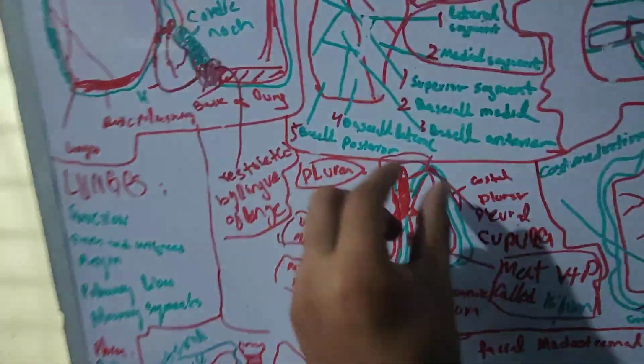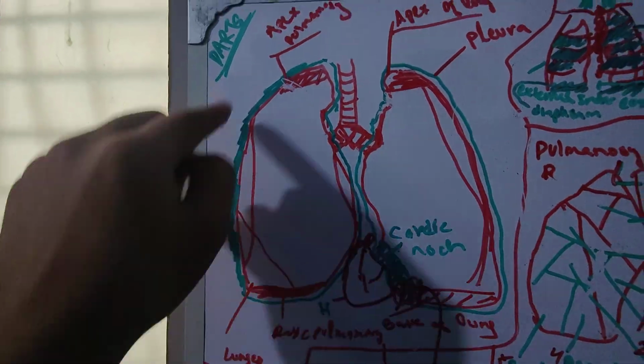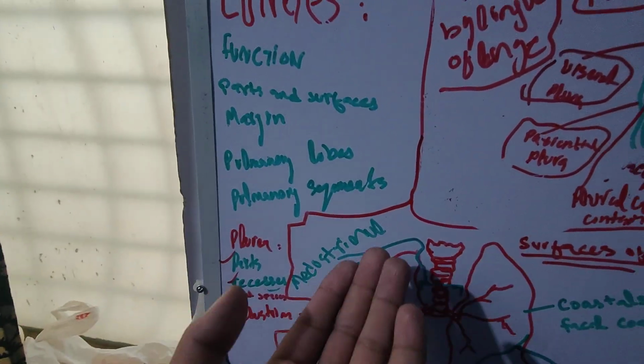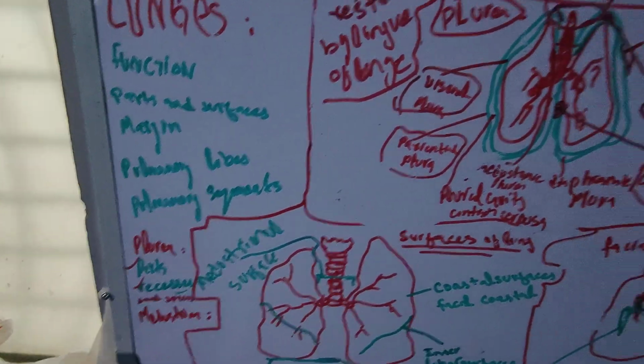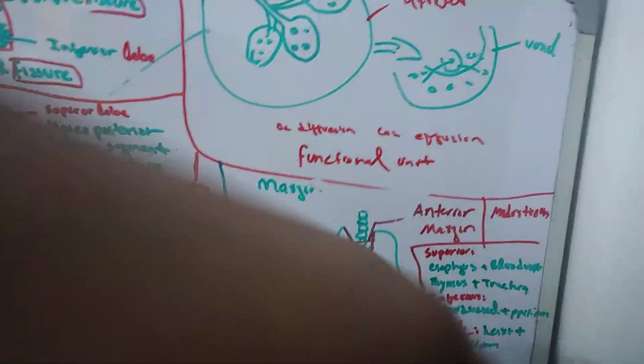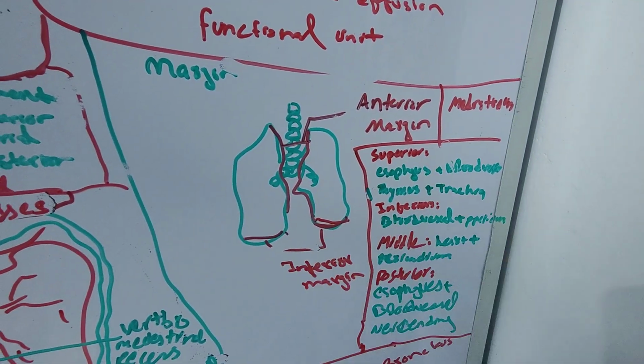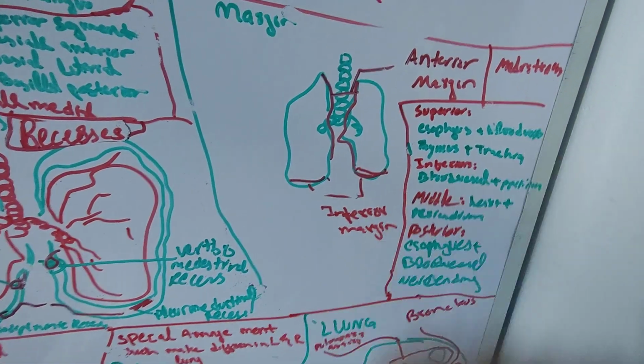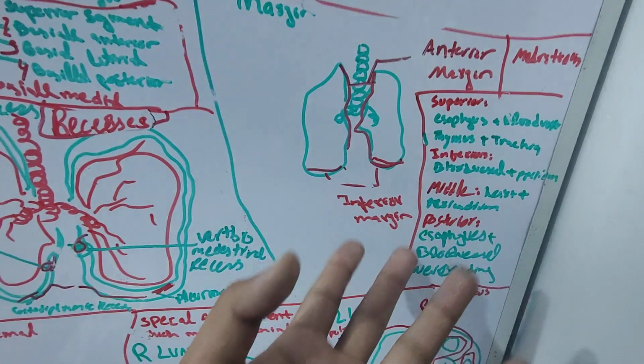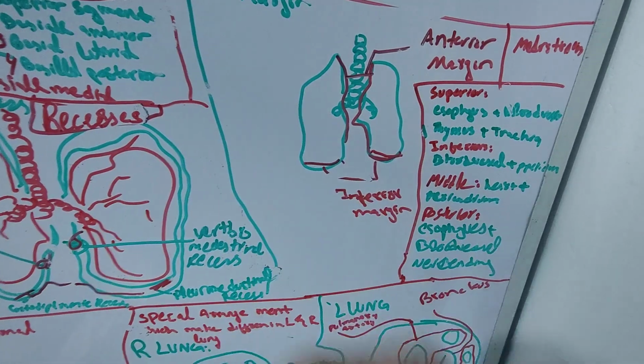The mediastinum is the middle part of the lungs, this middle area, which we call the mediastinal surface. Look at this, the superior mediastinum. It is divided into 4 parts. The superior mediastinum contains the esophagus, blood vessels, thymus, and trachea.